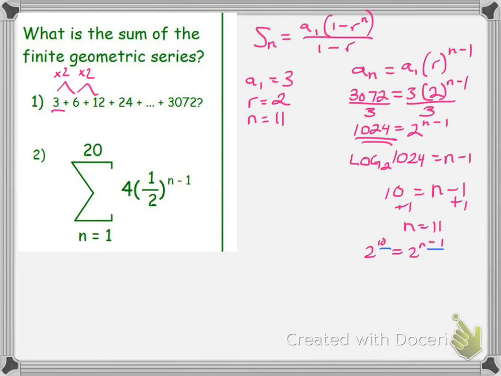So now I'm able to use this SN formula. And I'm finding the sum of the 11 terms. My first term is 3. My common ratio is 2. And my N is 11. From here, I'm going to erase this.